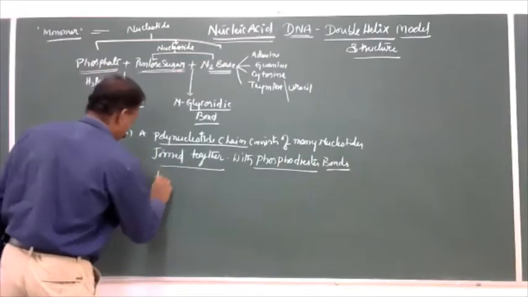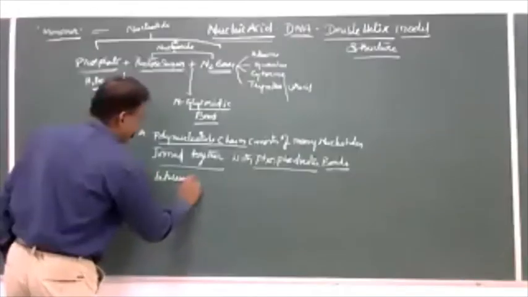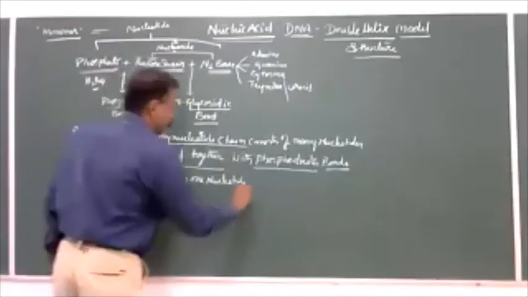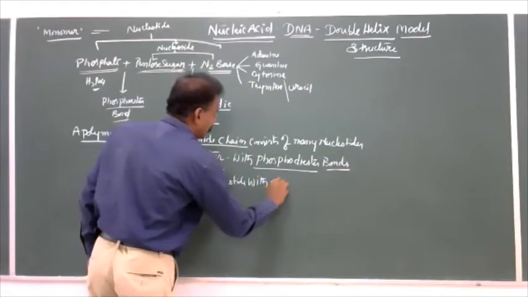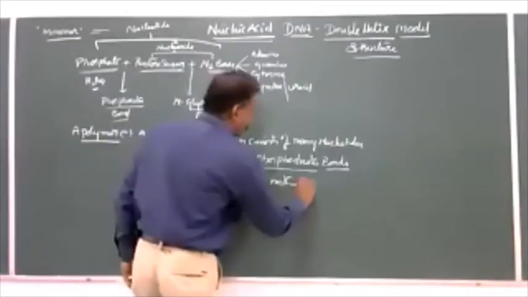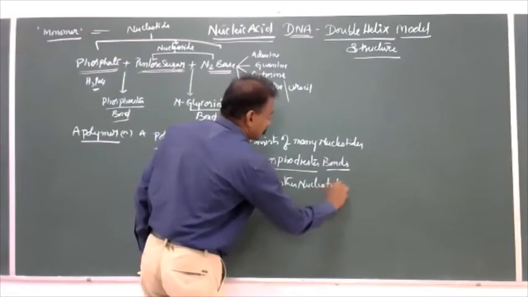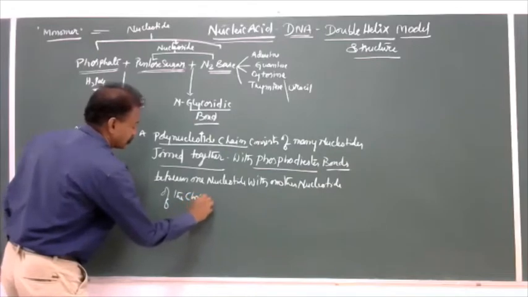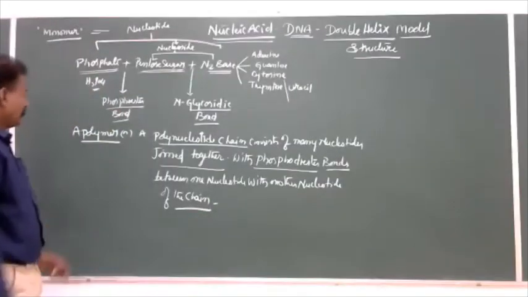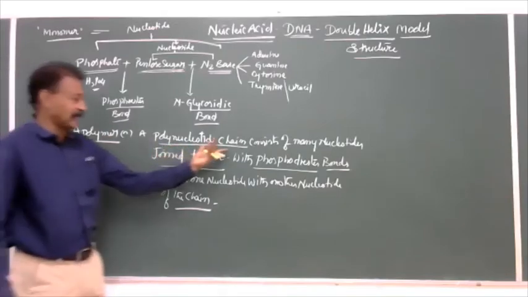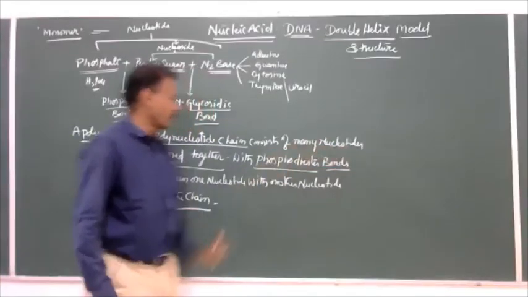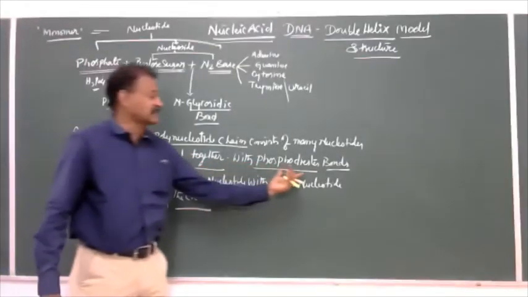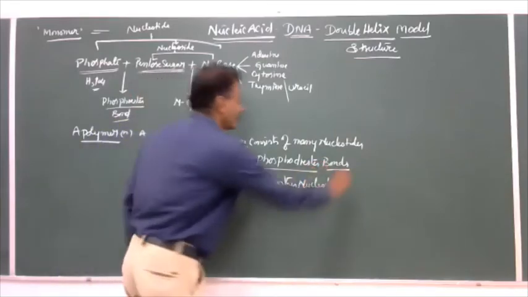Phosphodiester bonds between one nucleotide and another nucleotide of the chain. So a polymer or a polynucleotide chain consists of many nucleotides joined together. How are they joined together? With phosphodiester bonds. What are phosphodiester bonds?